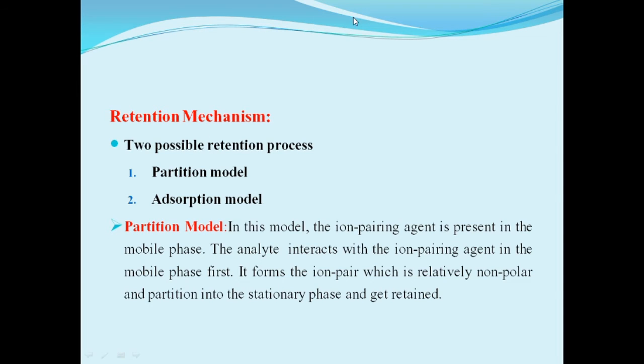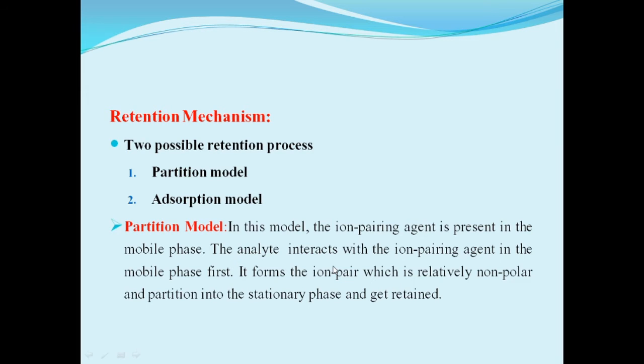Retention mechanism. There are two possible retention processes in ion pair chromatography. First is the partition model, and second is the adsorption model. Partition model: in this model, the ion pairing agent is present in the mobile phase.